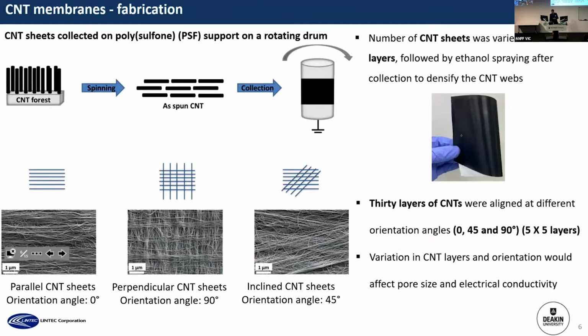And then we densify the CNT webs by ethanol spraying, followed by drying. And then we have a robust, as you can see, robust CNT membrane. Interestingly, we have different parameters that we can control to optimize the thickness of this CNT membrane layer, and also the orientation, so that we can control the pore size, the electrical conductivity, and so on, as you can see here in the SEM images.